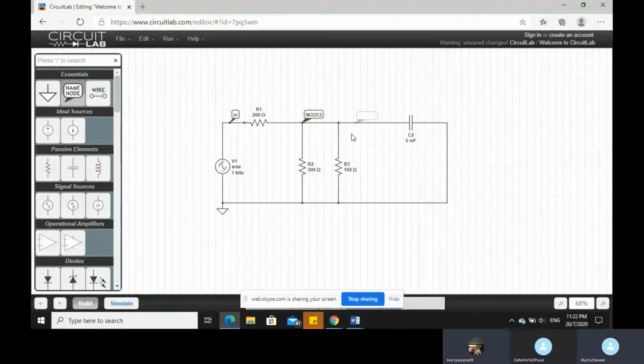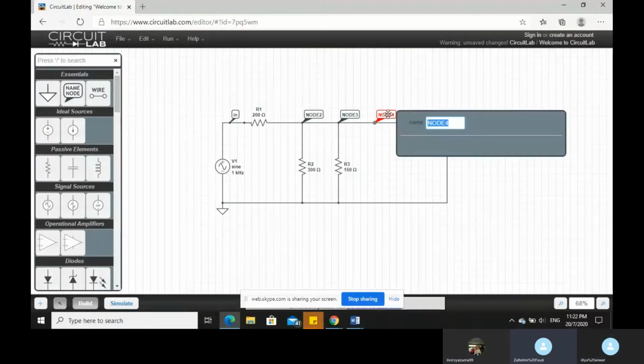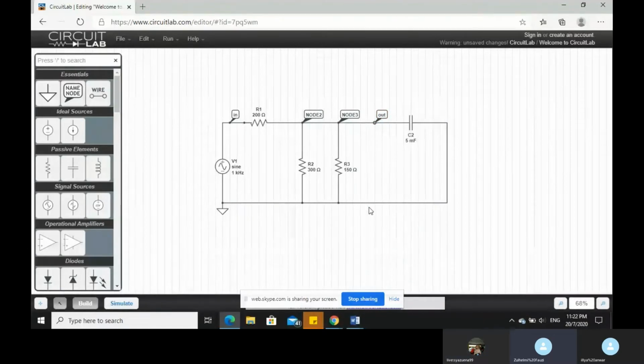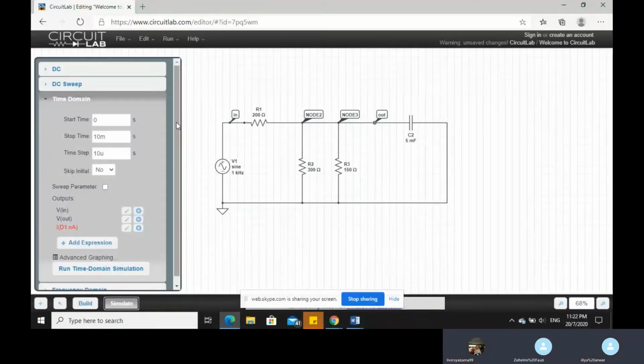The third point is at the junction of R1, R2, and R3, and the last point is before the capacitor, which will be the V output. The point before R1 is the V in. After we finish these constructions, we will run.